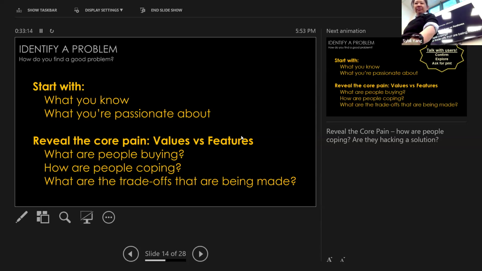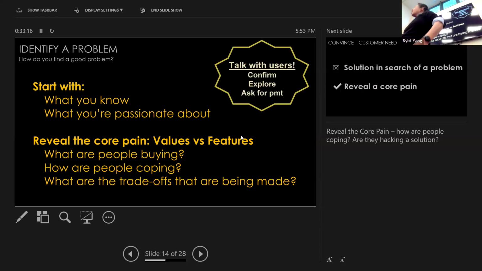One of the ways in which you know you have a good problem, though, is you talk with users. The users validate that problem. So you're conducting primary research into that problem. And the most beautiful form of confirmation is when somebody is willing to pay, when somebody writes you a check.